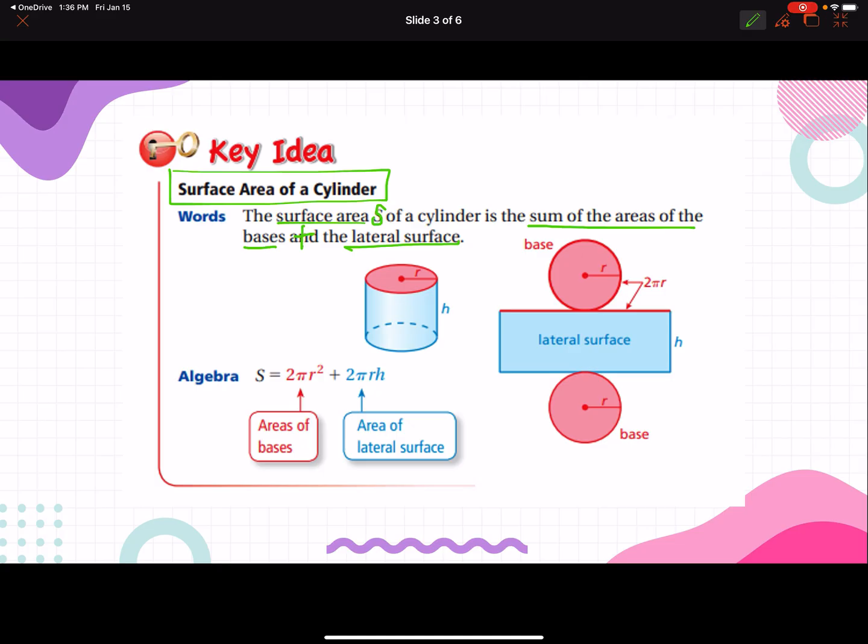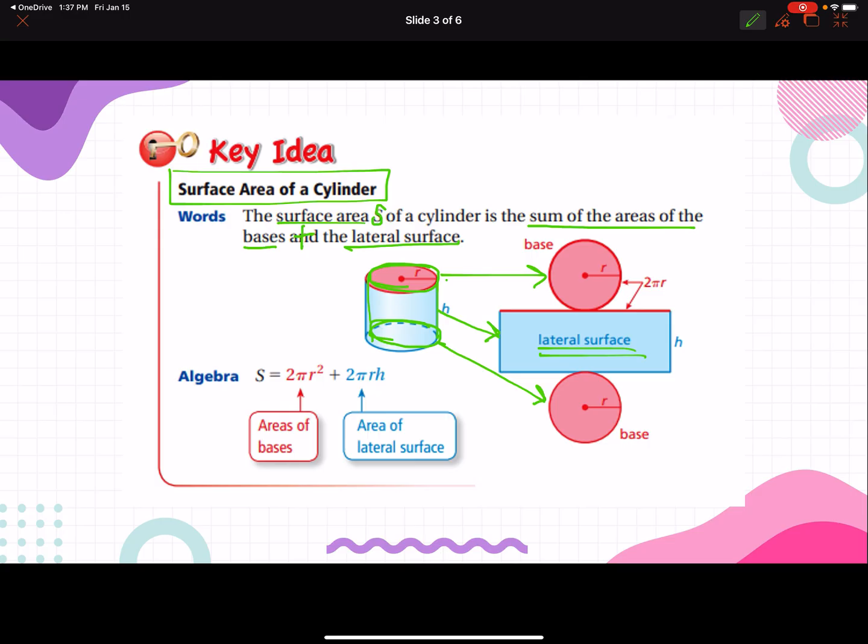We have two bases, the top and the bottom, which are both in the shape of a circle. If I were to peel off the label of a soup can and lay it flat, I would have the shape of a rectangle. That is known as the lateral surface.